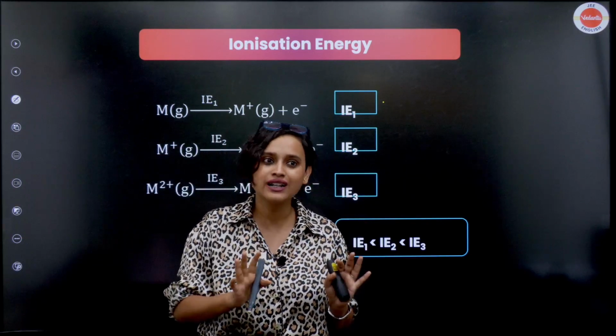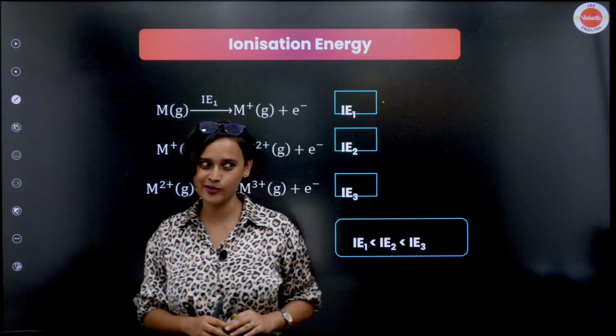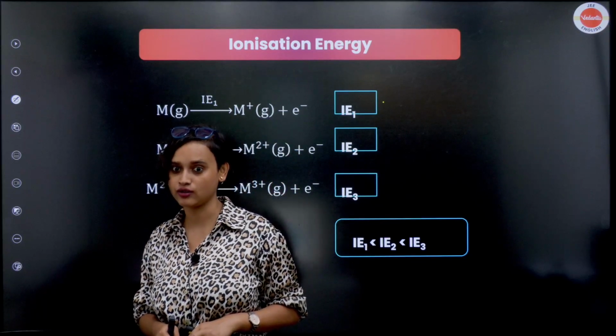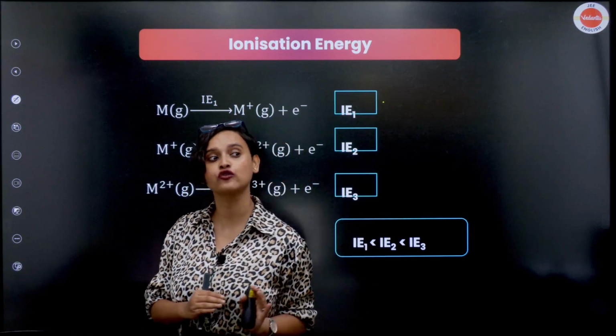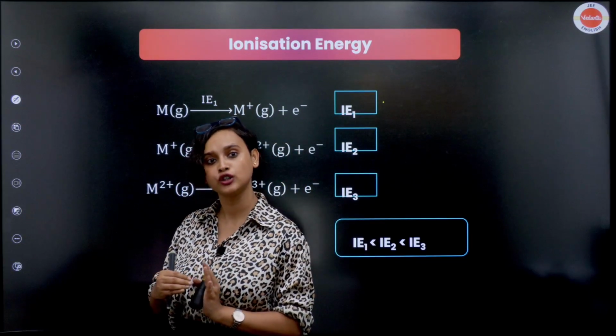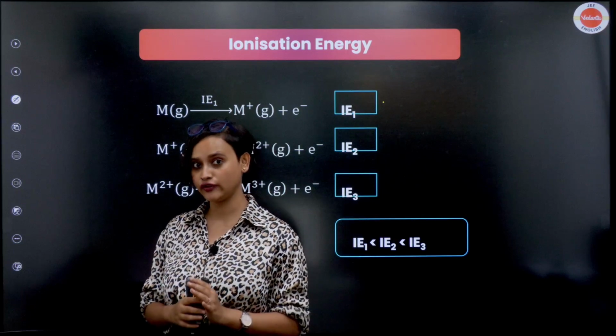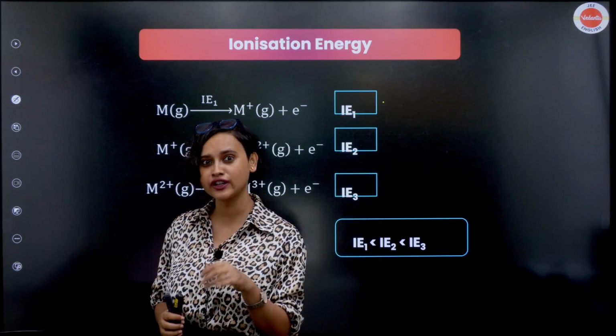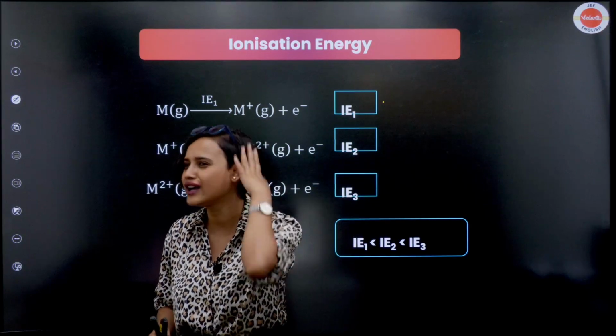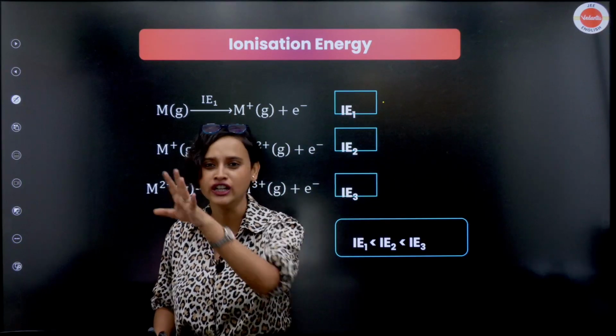So, the atom also understands that, hey, this is my fault. I gave away one electron. I am not going to give any more electrons. The second time it is very careful. This is my atom, this is my electron, not going to give it. Now, second time also, somehow you have given it a lot of energy, I'll give you some more energy, it's okay, just give it to me.